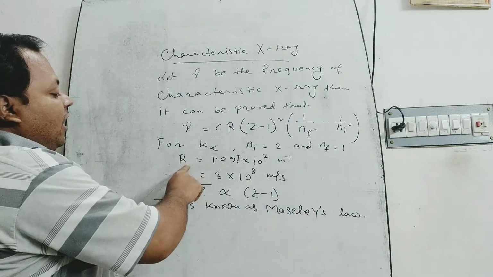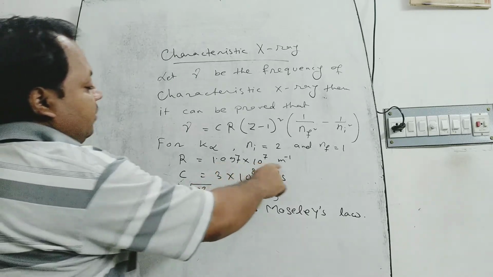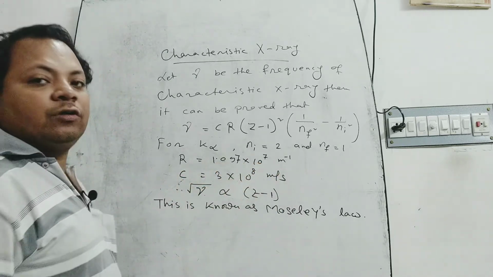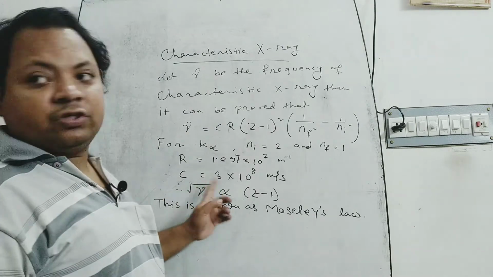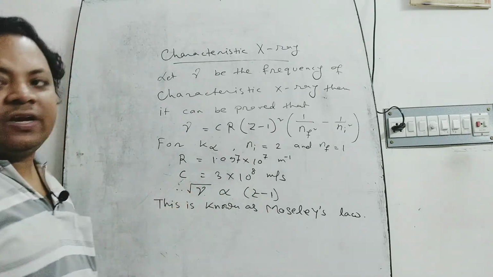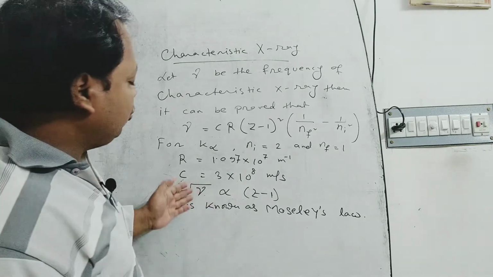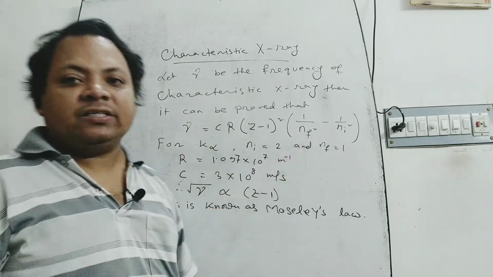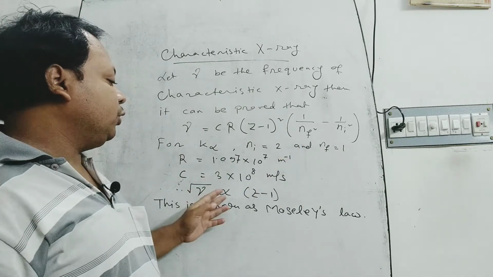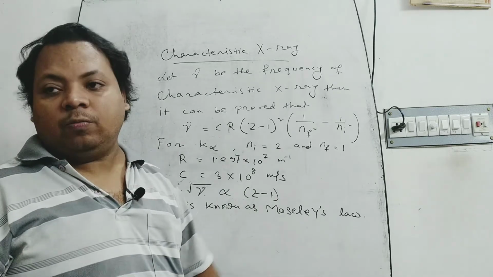We know that capital R is equal to 1.097 into 10 to the power 7 per meter, and C, the velocity of light in vacuum, is equal to 3 into 10 to the power 8 meter per second. Therefore, we can say that root of nu, that is the square root of the frequency of the characteristic X-ray, is directly proportional to Z minus 1. It is known as Moseley's law.